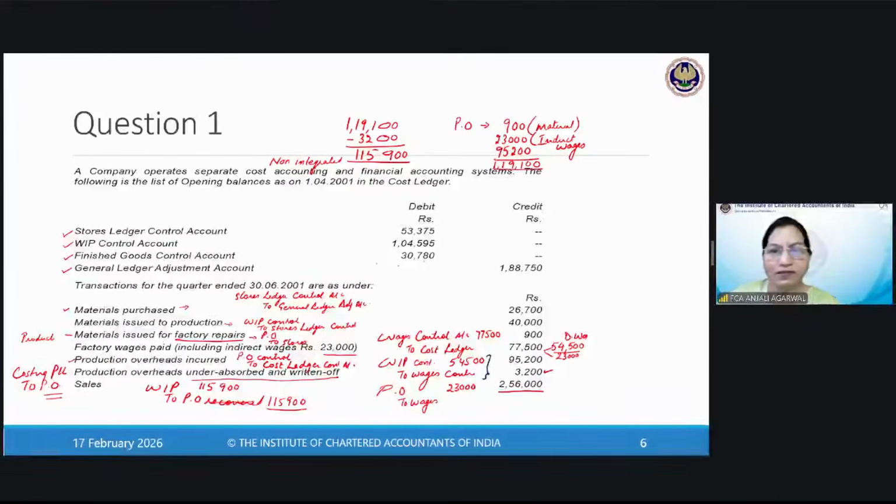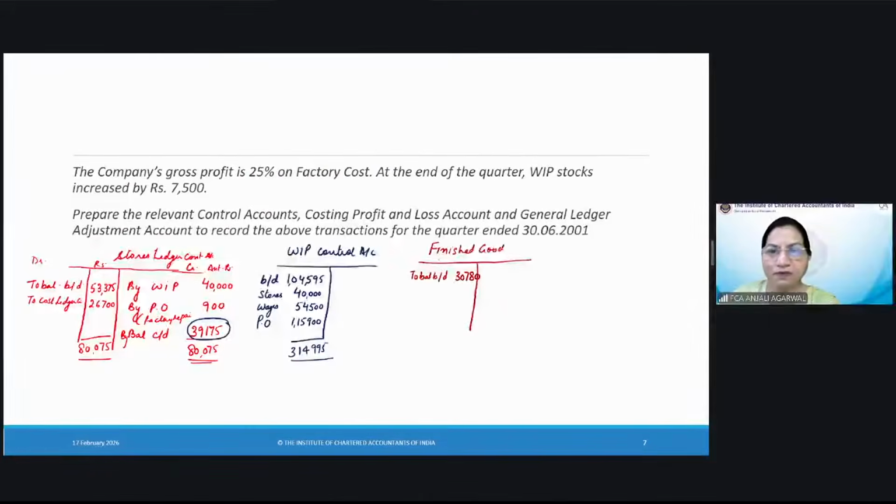You will always see that the total of these three debits will match the credit of 188,750. And there is sales of 2,56,000. Now, some of the goods must have moved from finished goods to cost of sales. Some of them may have come from WIP. So what is given is the company's gross profit is 25% on factory cost.